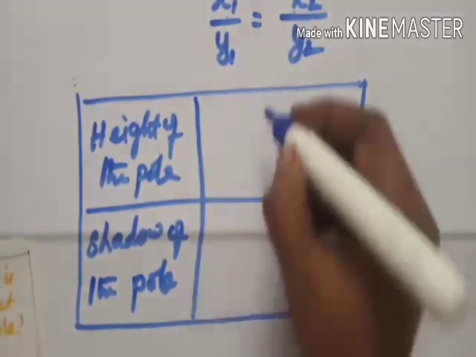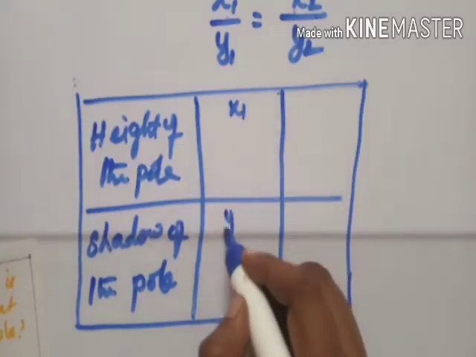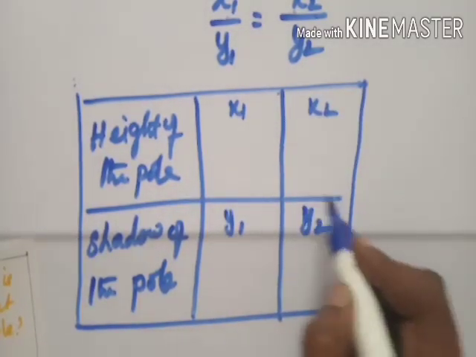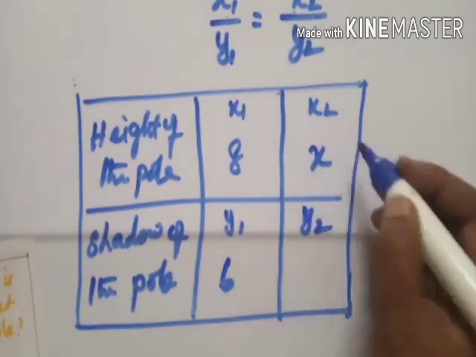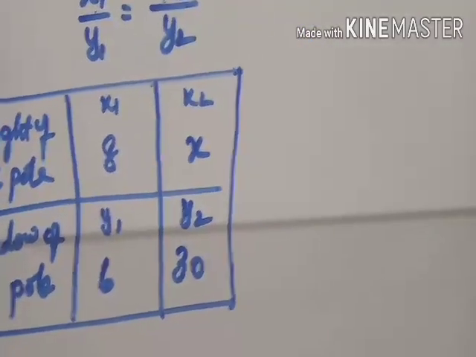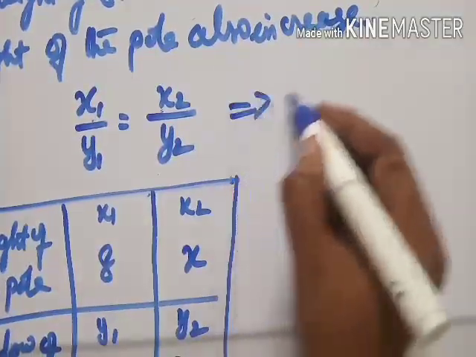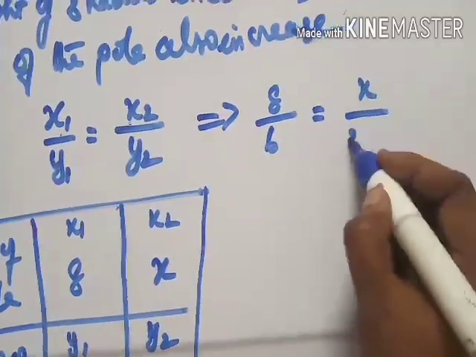First one, height; this is x1, y1, x2, y2, right? 8 meter, shadow is 6. This one I don't know, shadow is 30, right? Substitute the values now. x1 by y1, that implies 8 by 6 is equal to x by 30.